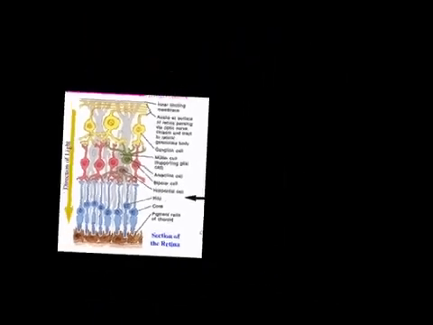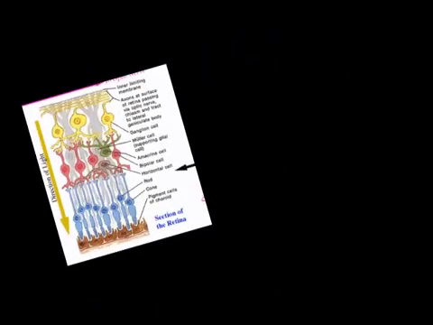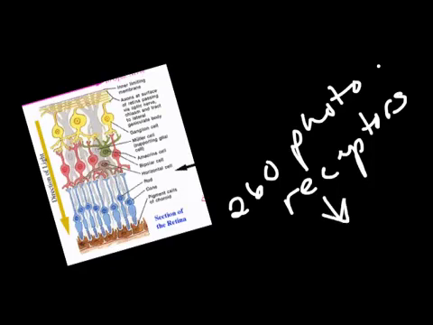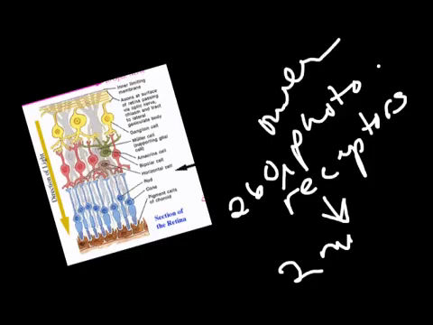So you have about 260 million photoreceptors, this is both eyes, and then you narrow down to about 2 million ganglion cells.